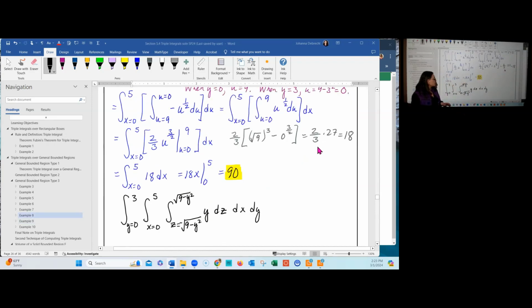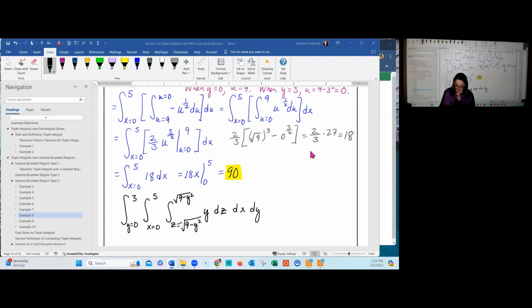And this is what the integral would look like, still as a type 1, so integrating with respect to z first, with the same limits of integration, then with respect to x from 0 to 5, which would simply treat that 2y, the square root of 9 minus y squared, all as a constant, and then we would have an x tagging along, and then that would give us a 5, so then we would have 10y, the square root of 9 minus y squared, for the integrand of the outer one with respect to y from 0 to 3.